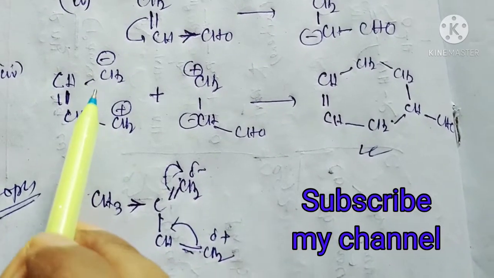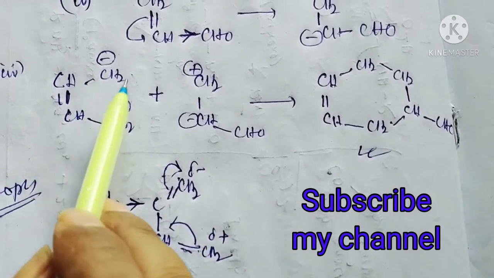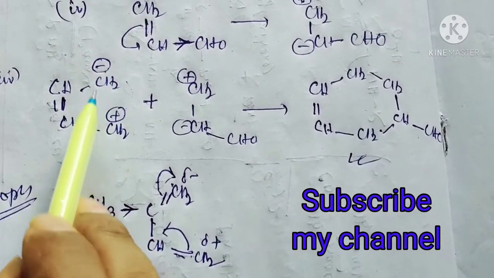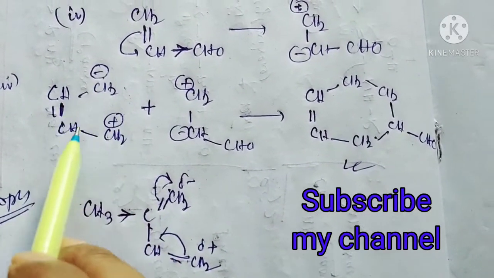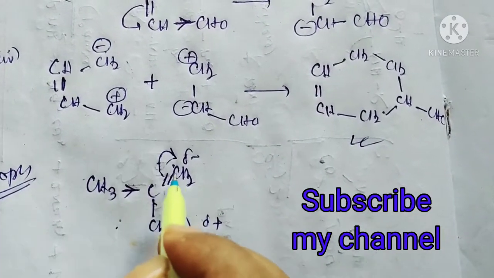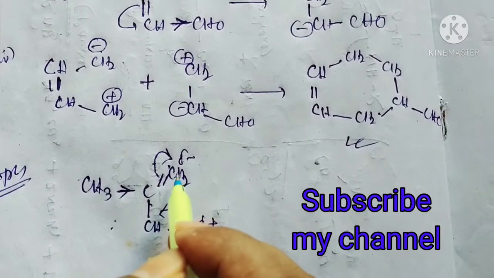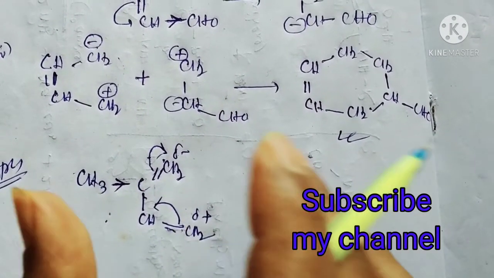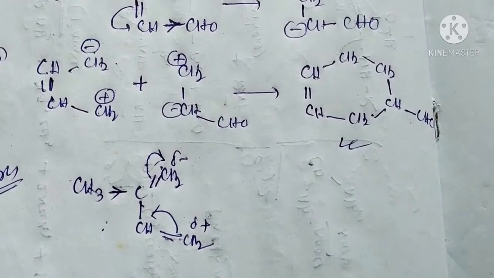And this is for sure. Here in this case, this is a symmetric one. That's why the plus and minus can get into any position. This position can be plus and this position can be minus, because both are similar positions. But here in this compound, this carbon will always get the negative and this carbon will get the positive one. After that the addition will take place.